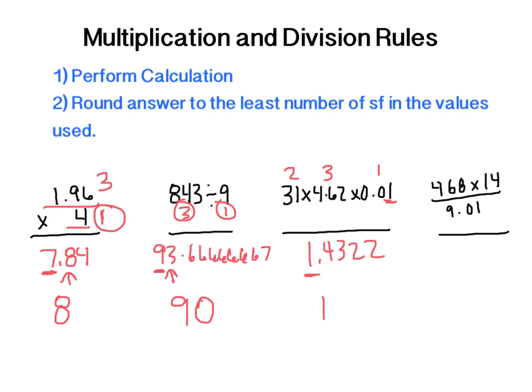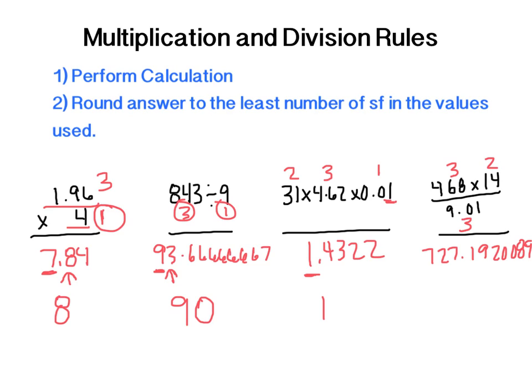And then this last one, we have 468 times 14 divided by 9.01. When we do all that, we get this answer. And again, your question may be, well then, what do I round that off to? Well, the answer is the correct number of sig figs. This number 468 has 3 sig figs, 14 has 2, and 9.01 has 3.